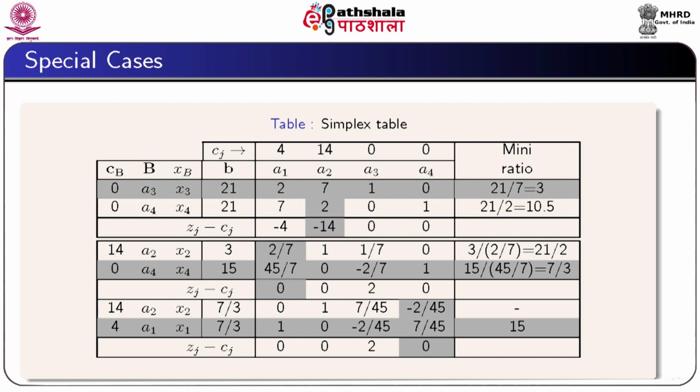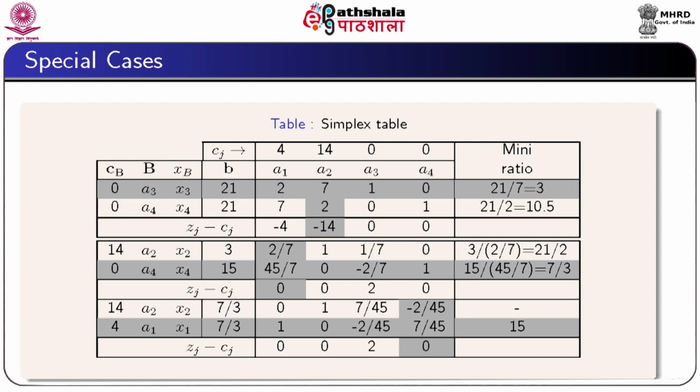In the next iteration we find that Zj minus Cj is greater than or equal to 0 for all j. Hence, the condition for optimality is satisfied. An optimal solution of the problem is thus obtained, x1 equal to 0 and x2 equal to 3, and the corresponding value of the objective function is 42.